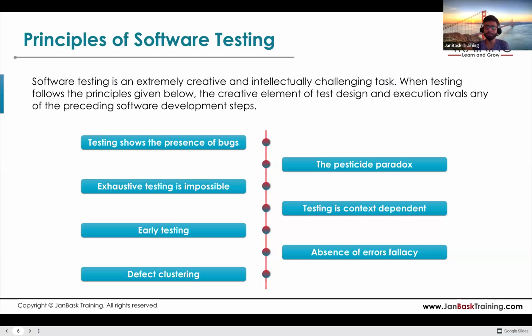But whatever bug you find, you need to log it or report it. So your testing should show that the bugs or defects are present in the application, right? So that is the first principle. The second principle is exhaustive testing is impossible.